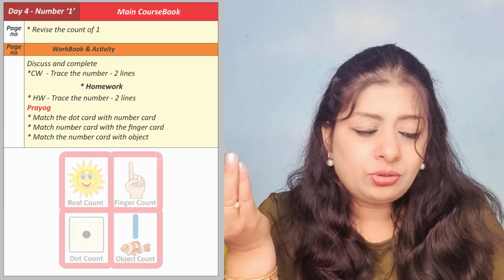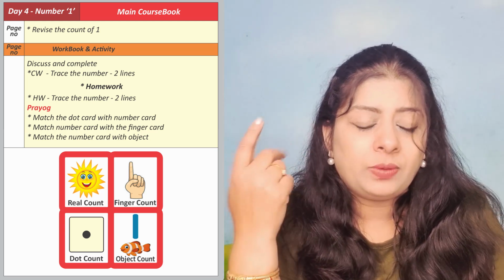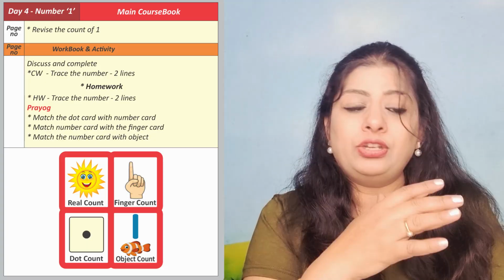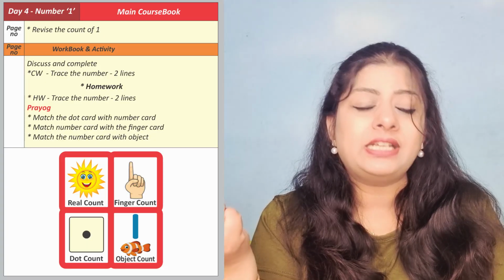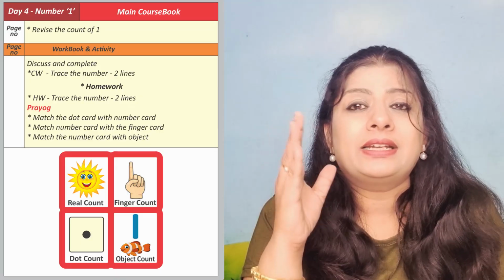Along with that, you can also do activities of matching dot card with number card, matching the number card with the finger card, matching the number card with the object card. When you have all these resources ready, you can do these creative activities. And finally, in the book, you can go ahead and practice tracing and writing numbers.